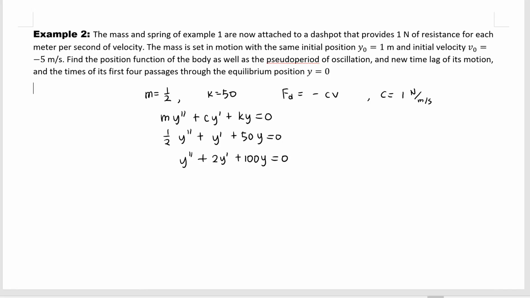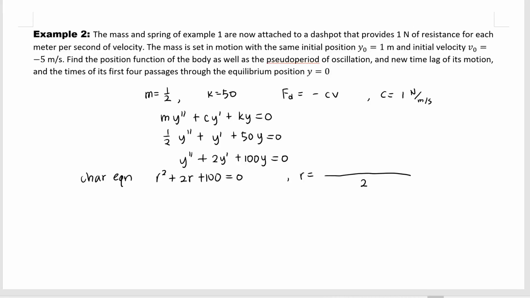So what is the characteristic equation? The characteristic equation is r squared plus 2r plus 100 equals 0. Let's solve for r. We can see we're not able to factor it, so let's use the quadratic formula.